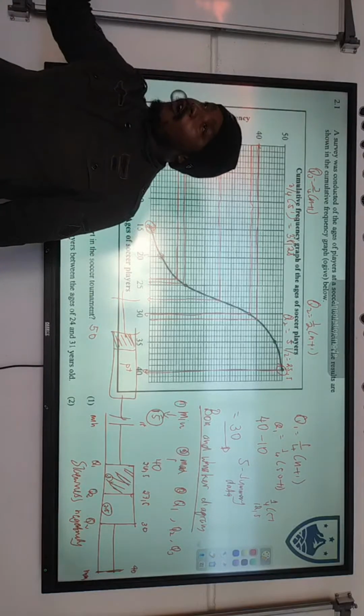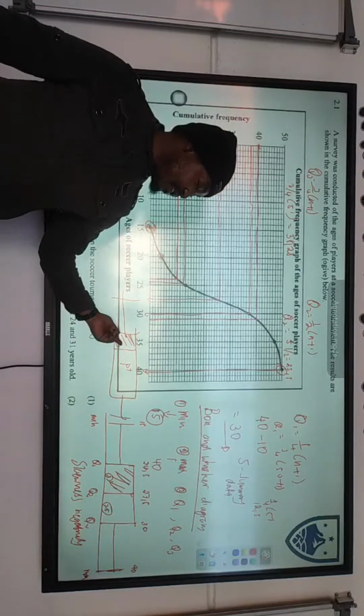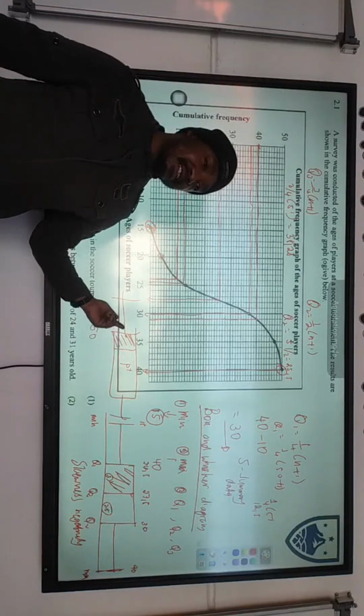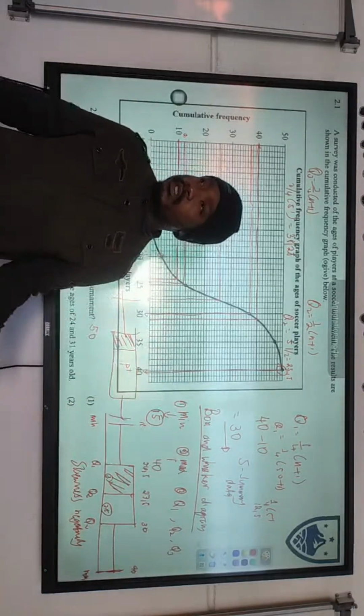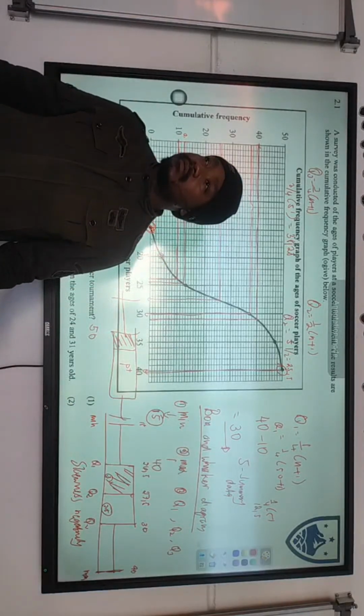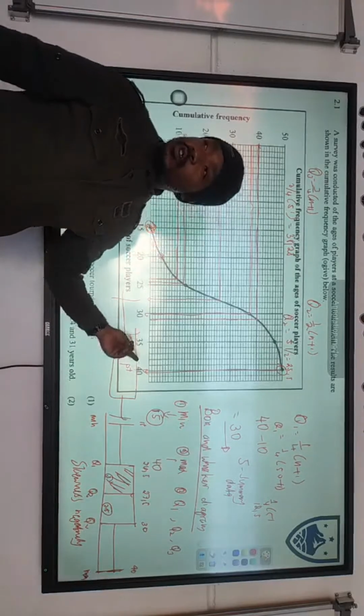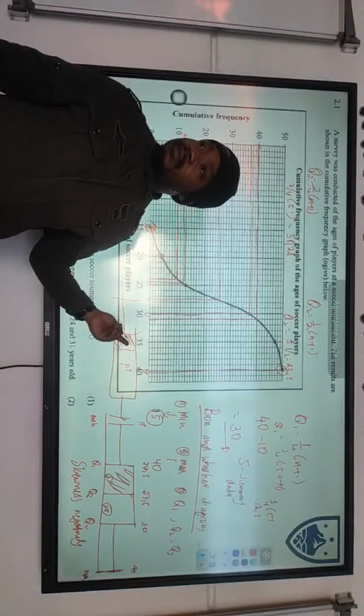If the space is bigger on this side, you will say skewed to the left or negatively skewed. So your Q2 is the one that determines the skewness.